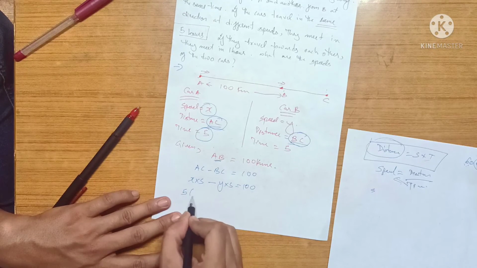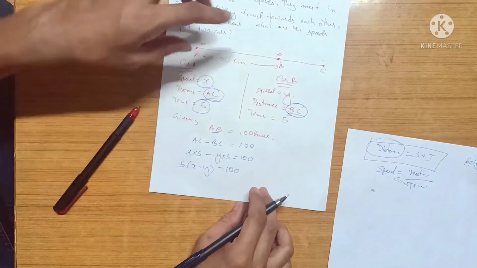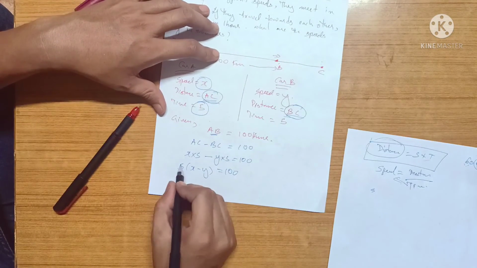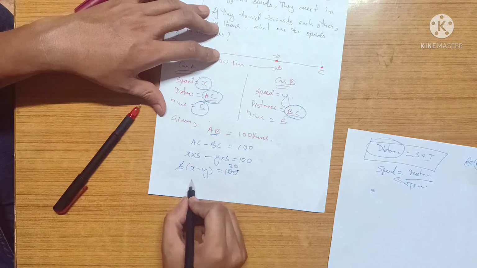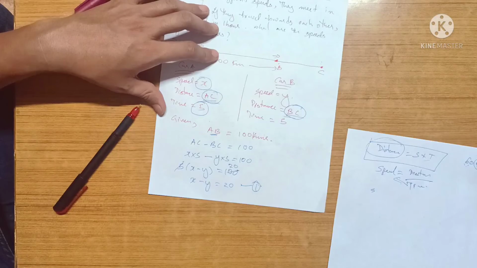From here I can take 5 common, so 5 times (x minus y) equals 100. So x minus y equals 20, which is our equation 1.